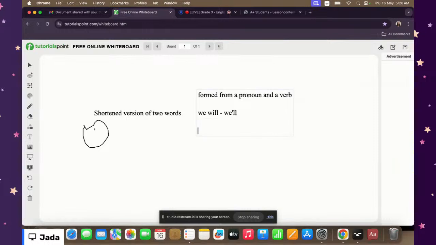We can also have he is, but since it's a contraction and we're getting the shortened version of two words, it will be he's, like this. Okay, she is, and then this one like that also.